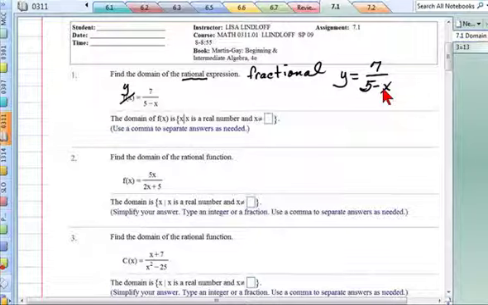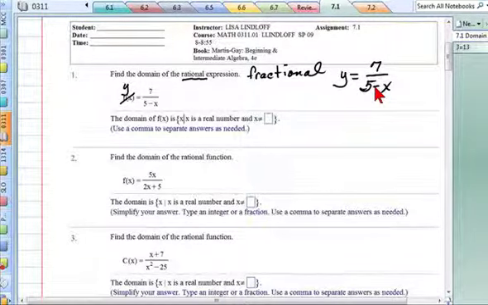You say, well, what can you plug in for x? Well, you start out by saying, I bet I can plug in just about anything. Okay? But this is a rational expression. It's a fraction. There is a rule about fractions, and a particular number cannot be in a particular place. Do you know what number I'm talking about? 0.